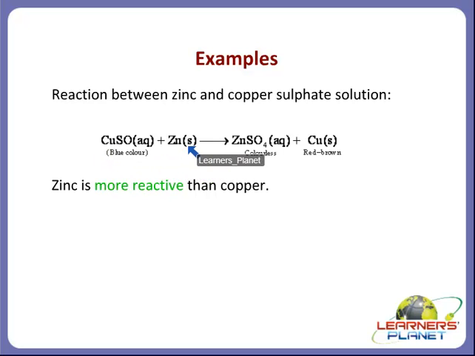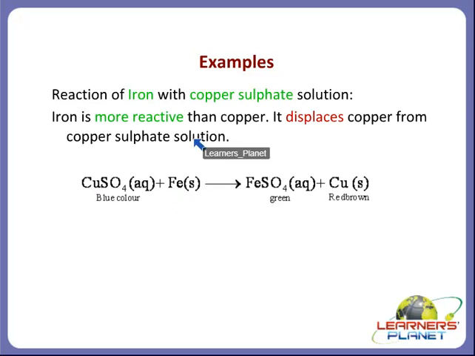Zinc. So it is forming zinc sulfate and copper. So zinc is more reactive than copper. Likewise, it's the same in the reaction of iron with copper sulfate. Iron is more reactive. So children, by treating your metal with any salt solution, you can make out which metal is more reactive, right?